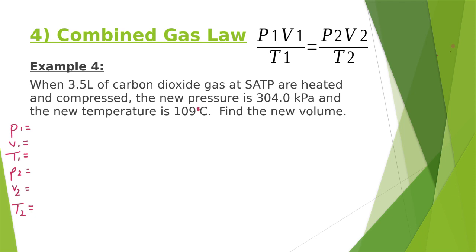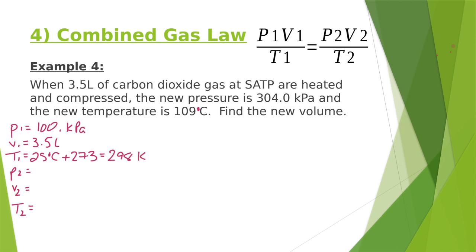So it says when 3.5 liters of carbon dioxide, so let's write that in, 3.5 liters. And notice now it says SATP. Remember, there are certain conditions that chemists use, and assume you know those conditions in gas chemistry. So SATP has a pressure of 100 kilopascals, and it has a temperature of 25 degrees C, which we're going to convert to Kelvin right off the bat, and that is 298 Kelvin.